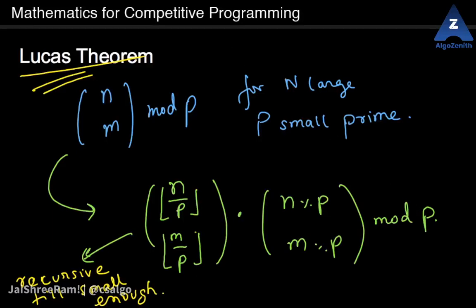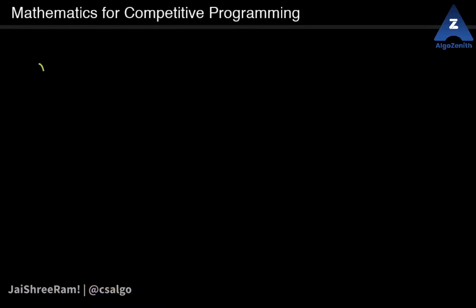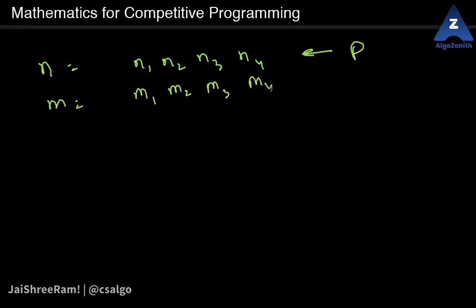So if you think about this, this is nothing but writing n as, let's say, n1, n2, n3, n4 in base p. Okay, so you represent n in base p. Similarly, you represent m in base p. Okay, so this is the most significant digit, and this is the least significant digit.